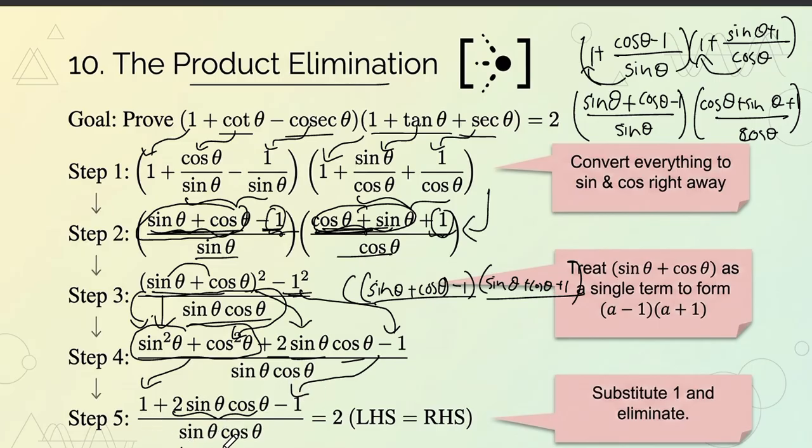Denominator sin theta cos theta as it is. So this plus 1 minus 1 will get cancelled. So what will remain? 2 sin theta into cos theta upon sin theta cos theta. So this sin theta cos theta will get cancelled. So the answer is 2, which is nothing but LHS is equal to RHS.